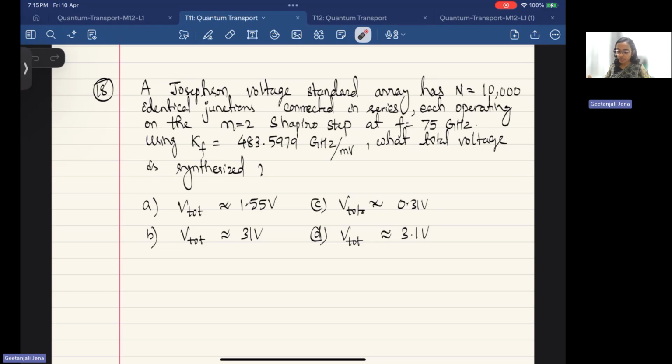I will give you some time to solve it, then I will show you the detailed steps. Just recall the relation of the voltage standard in case of the Josephson voltage junction. Then you can easily get it.